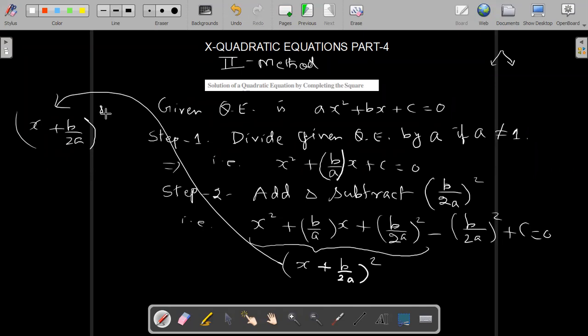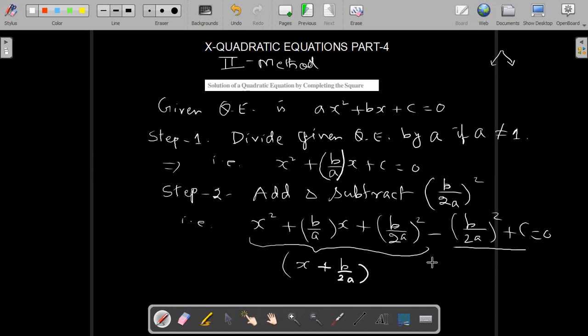When you open this square, you will get this one. Okay, got it? So you can check. This will become a whole square and this part will be solved. This part you can bring on the right hand side.